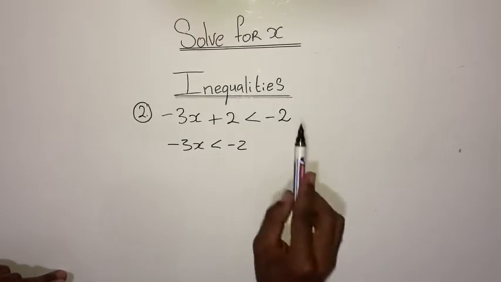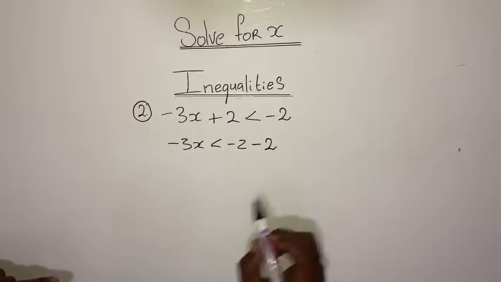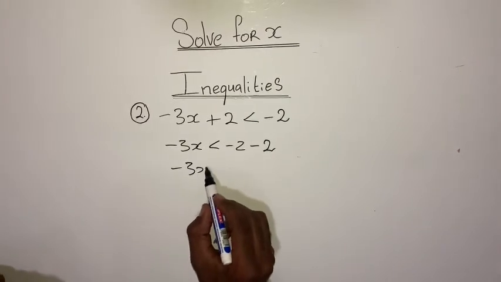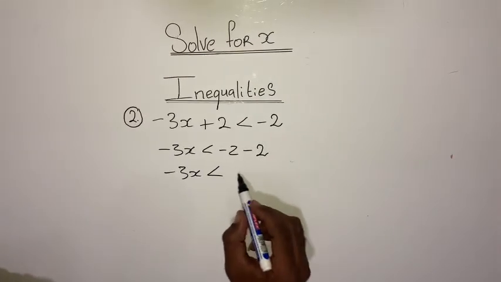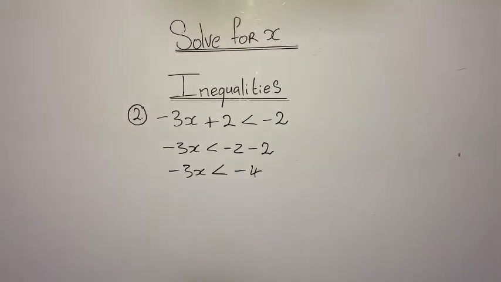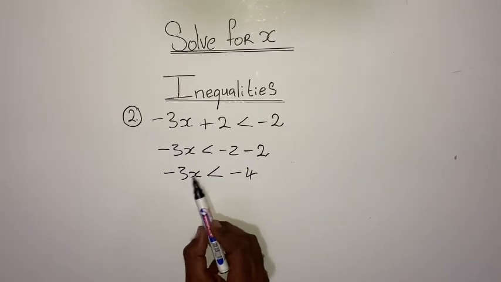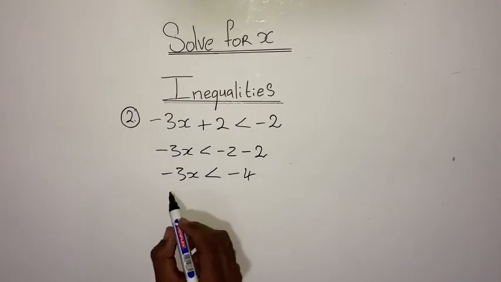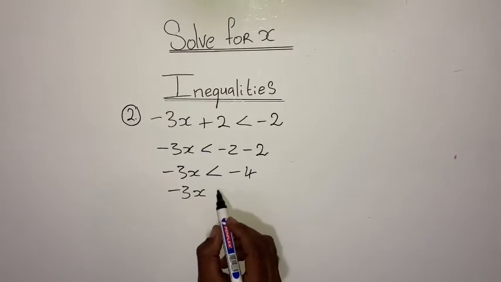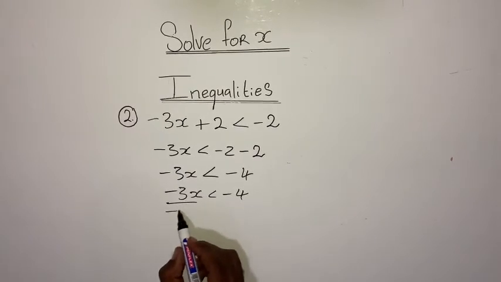We take this 2 to the other side. It will give us negative 2. Then we still go on to say negative 3x is less than negative 4. Then from here, we are solving for x, so we must make x the subject of the formula. Meaning that we'll have to remove the negative 3 by dividing by negative 3.